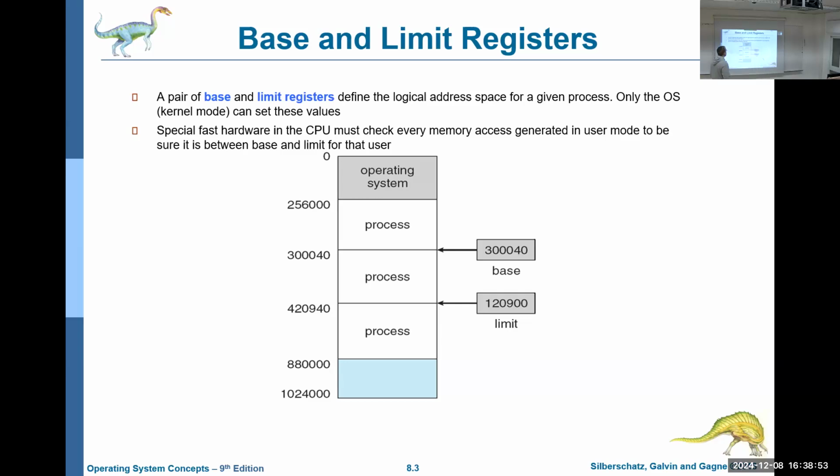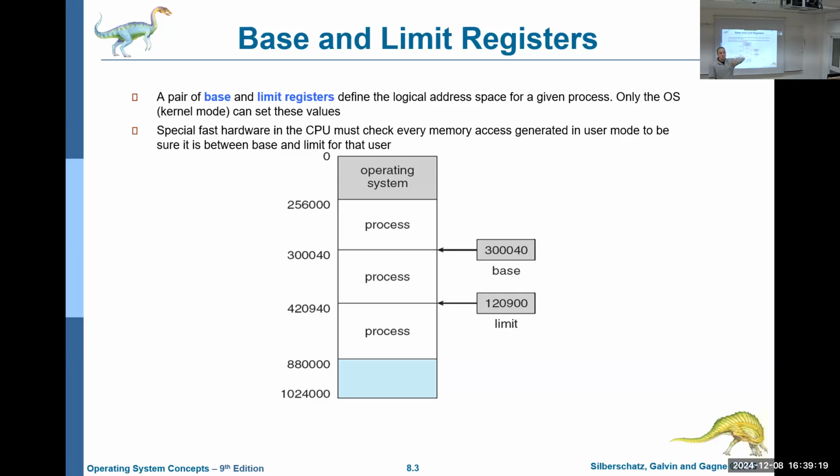So there's a pair of base and limit registers. The word register is very important here. What does that tell you? There are two, base and limit, but what else does it tell you? What is a register? Part of the CPU, part of the CPU hardware. In other words, it's not that the operating system keeps track of it. It's in a register.